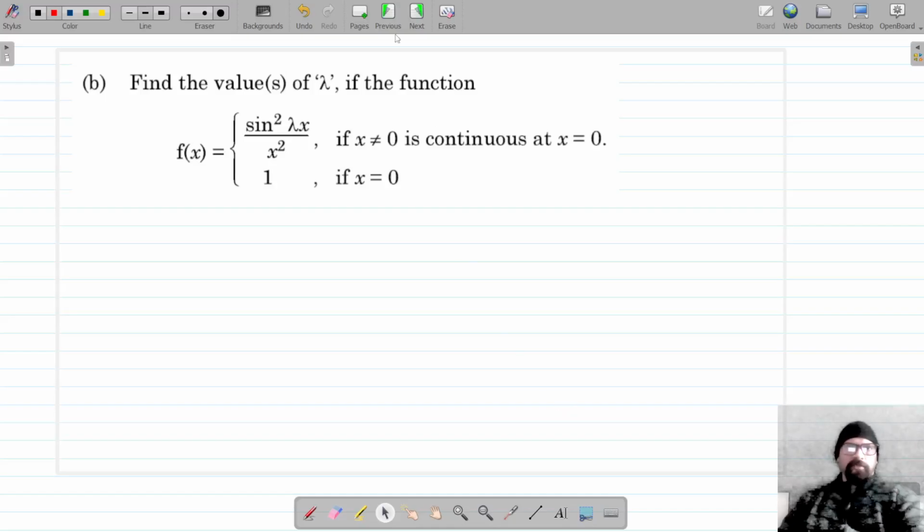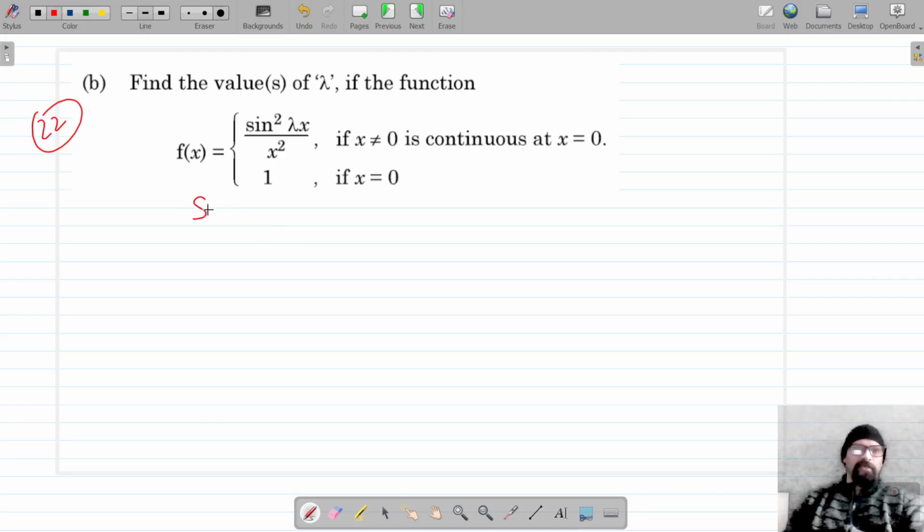Okay, for question number 22, part B. We have to find the value of lambda if the function is continuous at x is equal to 0.